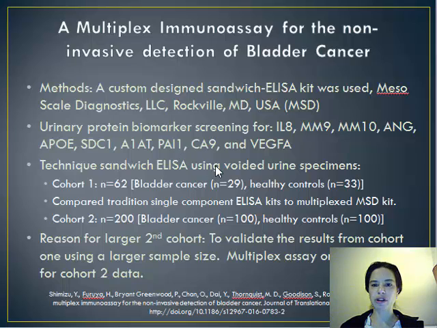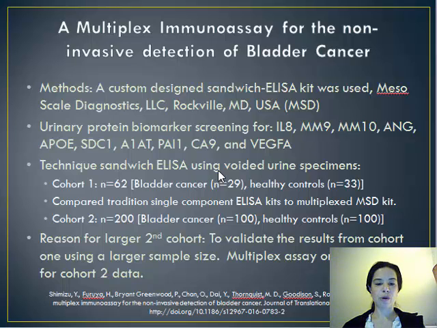The sandwich ELISA was used with voided urine specimens. The study had 2 cohorts. It had an initial cohort of 62 involved in the initial trial of this sandwich ELISA, containing 29 patients that had bladder cancer and 33 healthy controls.